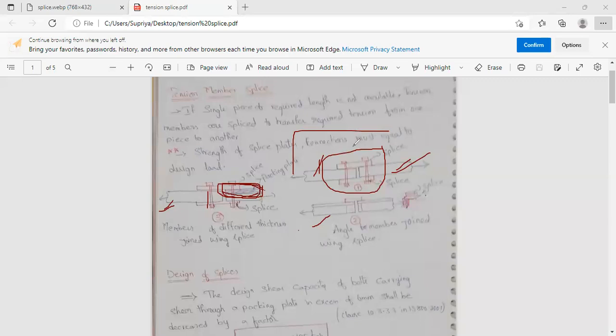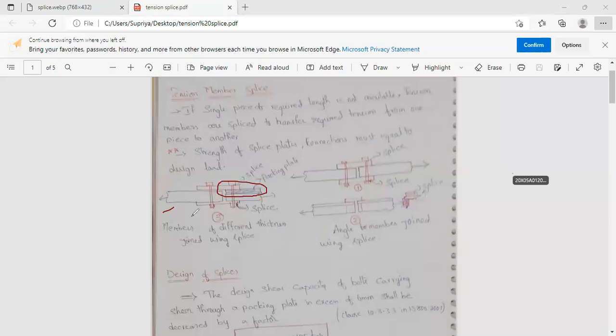Since there are flange and web, we have to provide the connection for flange and for web also on either side. So that is another criteria. And the third one is using the packing, when the thicknesses of the members to be connected are different. So these three types we may experience while solving tension splice problems.